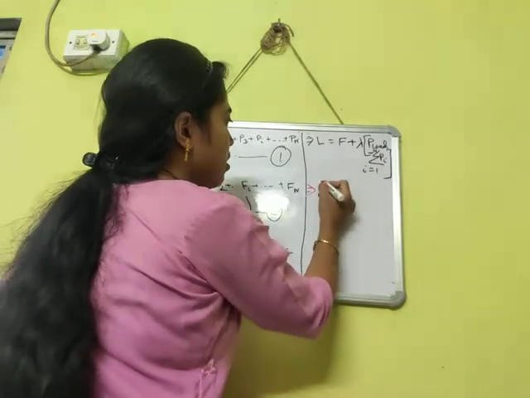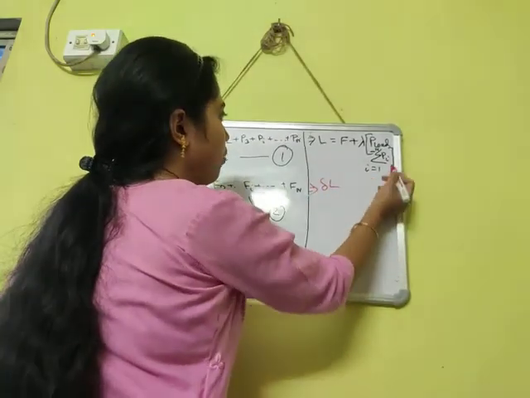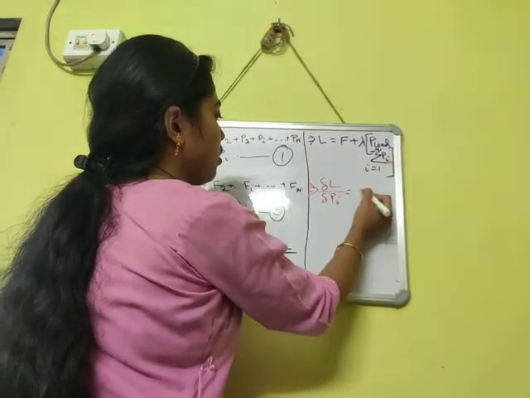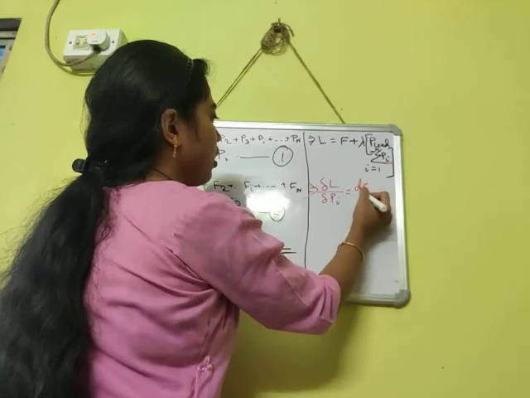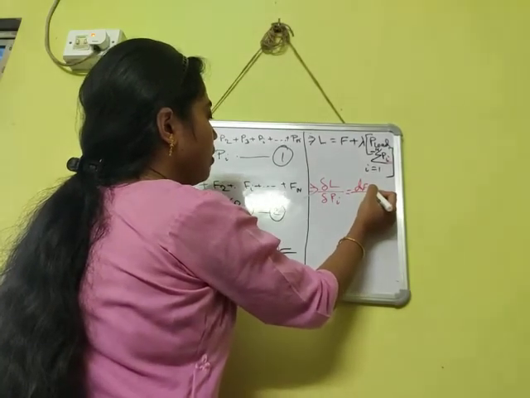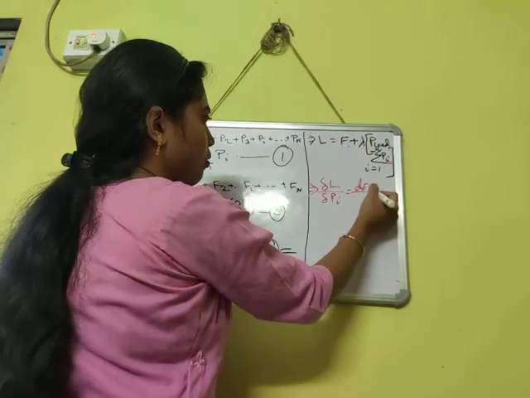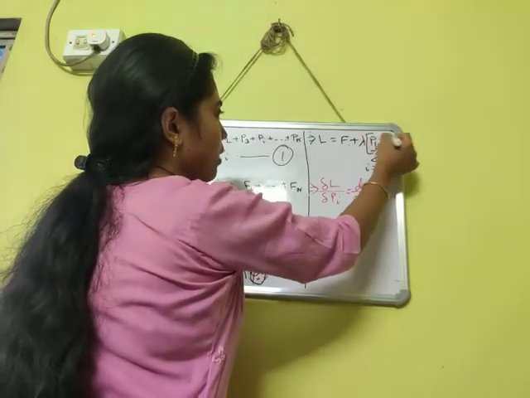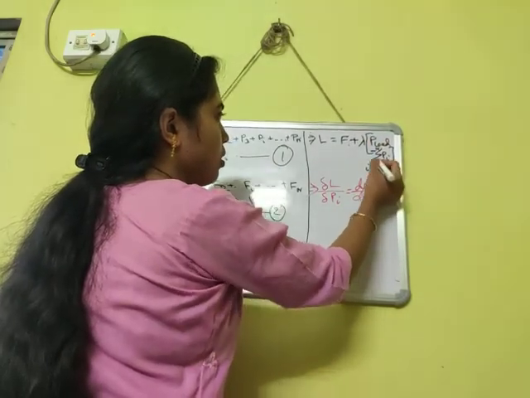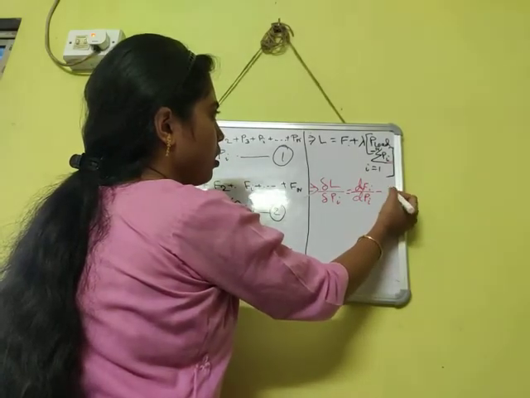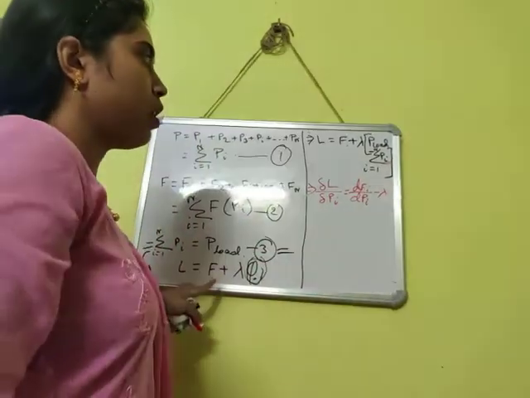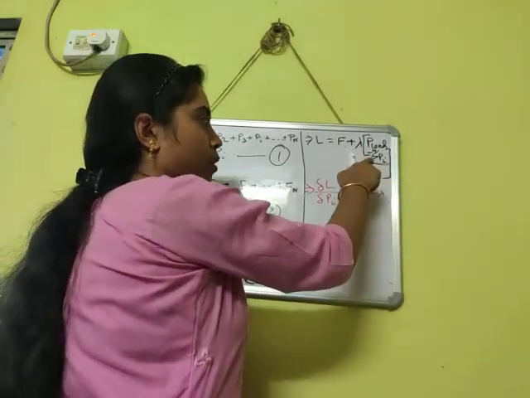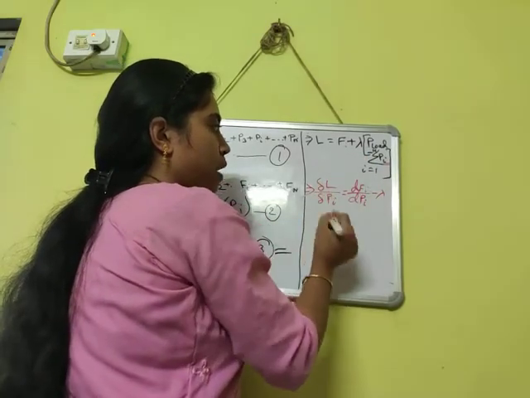So the partial differentiation of L with respect to generating power, del L by del Pi, is equal to dFi by dPi, for the ith generating unit. The other term becomes minus lambda, because dPi by dPi becomes 1, and before that there is a negative sign, so it becomes minus 1.